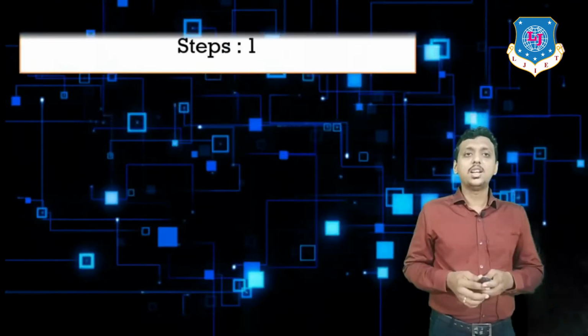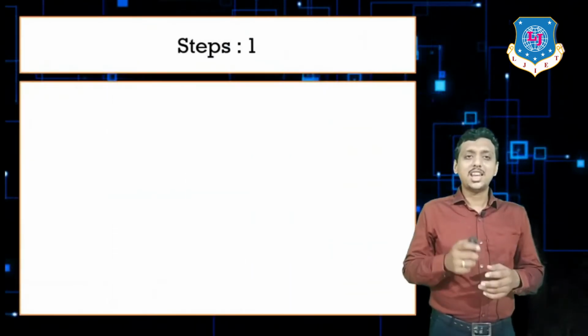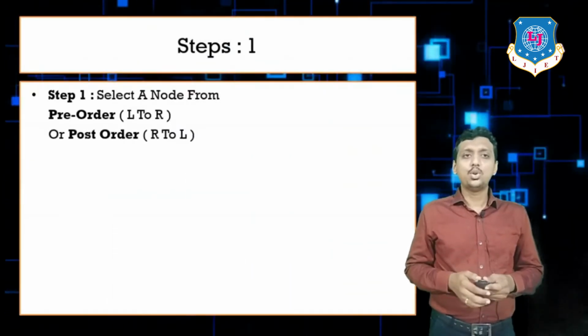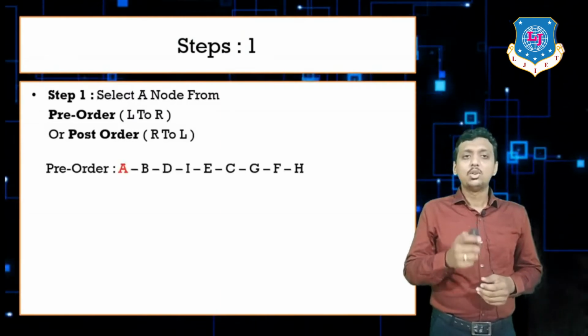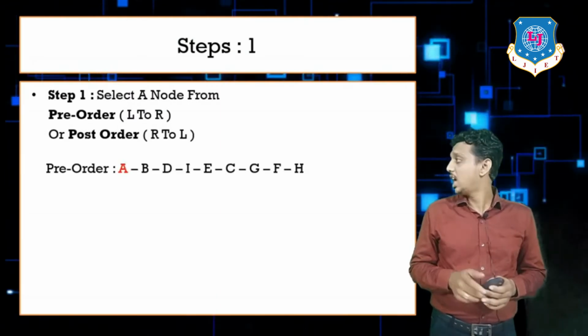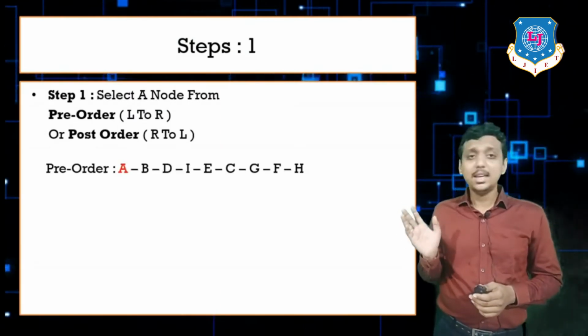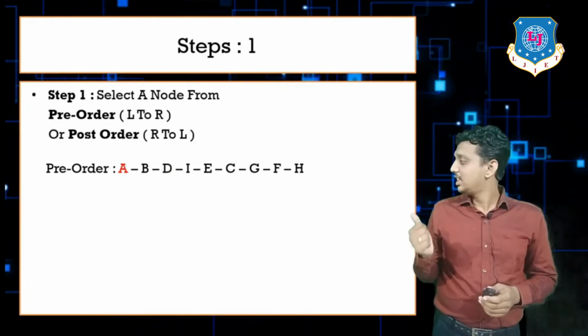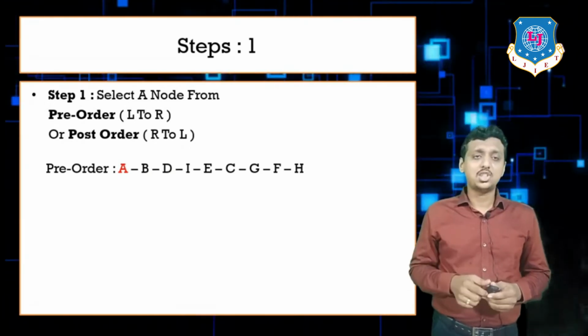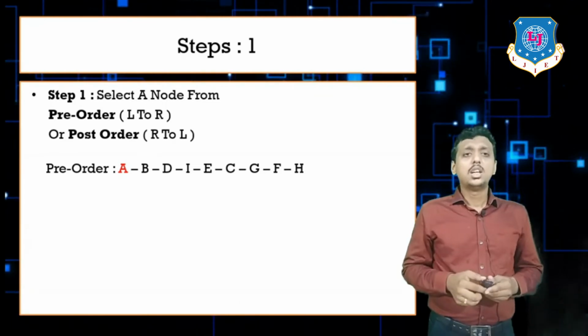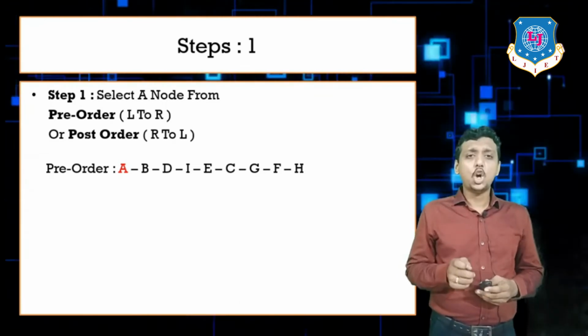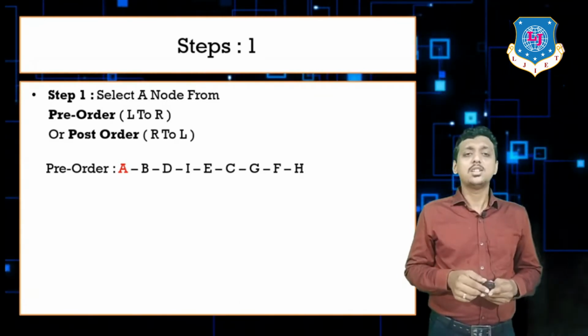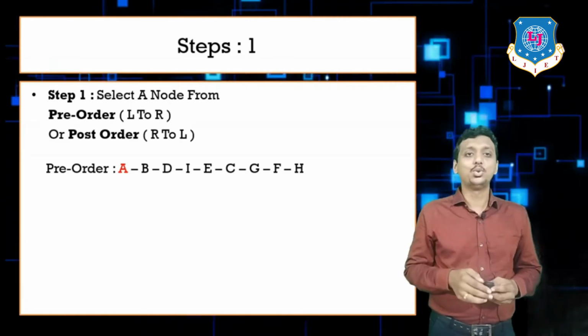Okay, so here it is, step number 1: select a node from pre-order or post-order. Let me give you an example. Here we have a pre-order: A, B, D, I, E, C, G, F, H. If you can see, in the pre-order the highlighted node is A, that means that is our root node.